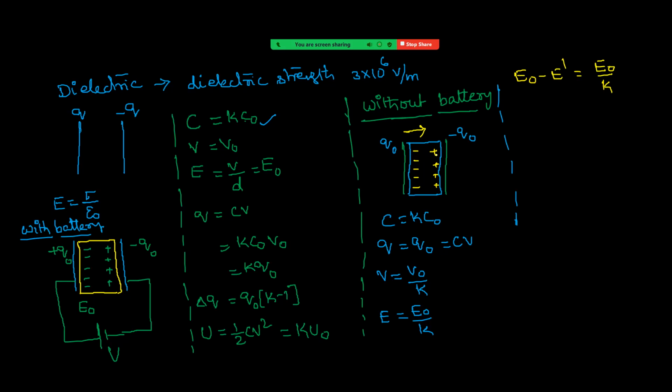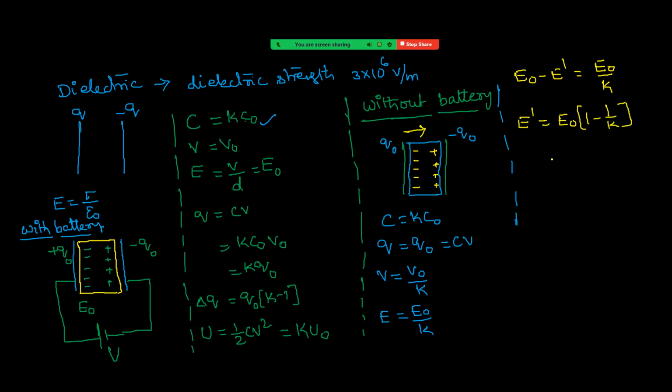E dash is because of the charges induced inside the dielectric, to the left side. The net is equal to E naught by K, right? That means from this, E dash is equal to E naught into 1 minus 1 by K.